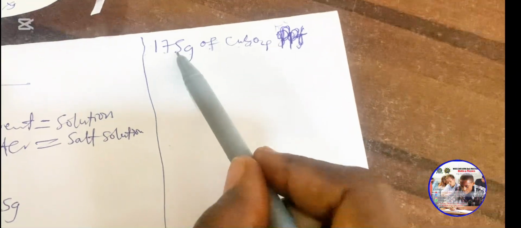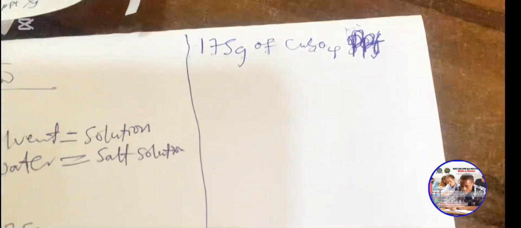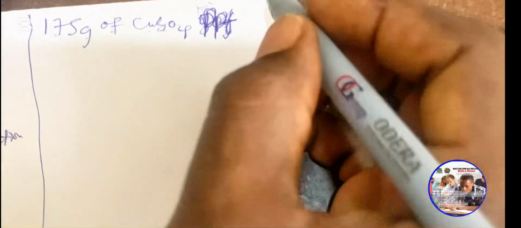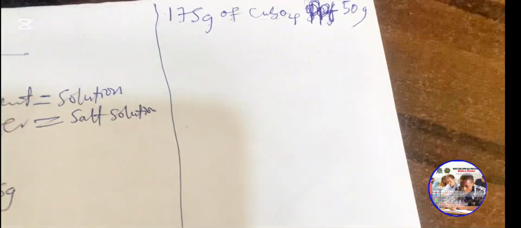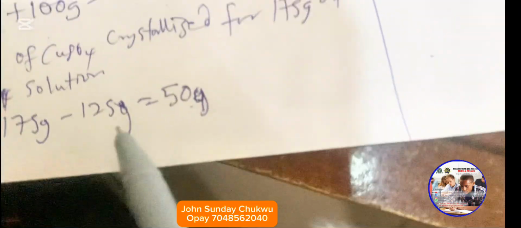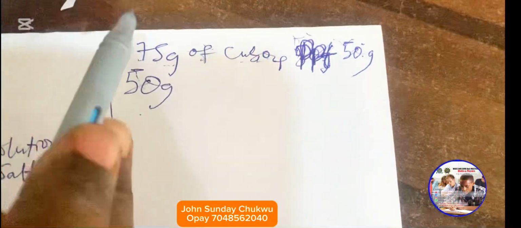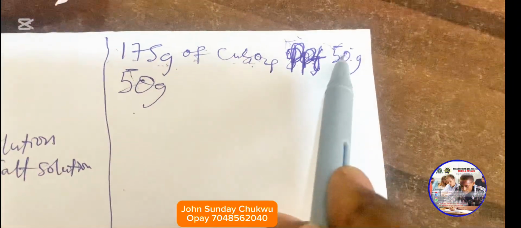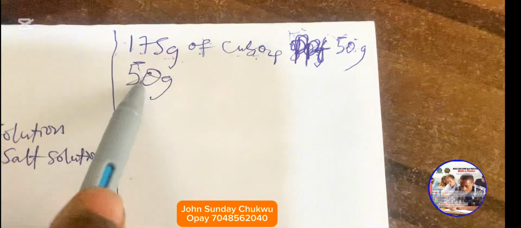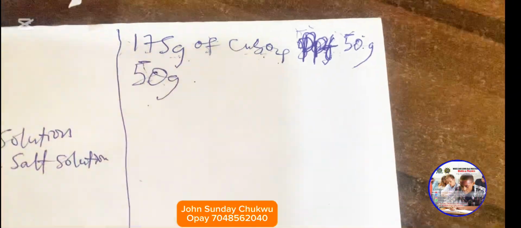So we now say 175 gram of copper sulfate, we precipitated 50 gram of that copper sulfate. Then from the question, this 50 gram here is the one from the question, because if 175 gram precipitates this, then the question is how much precipitate are we going to get if this 50 gram of copper sulfate is used.